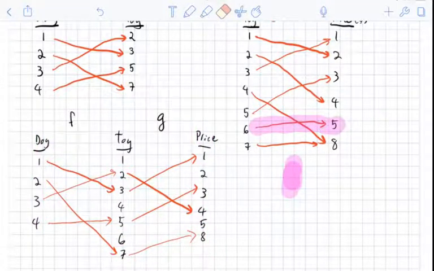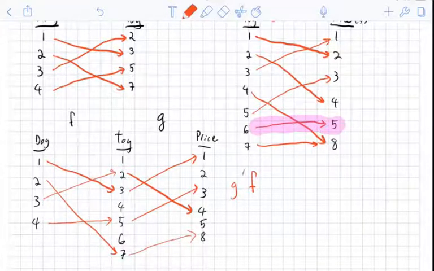Okay, so does that make sense? So I can use this diagram to illustrate my composite function relationships as a function. So I can call this overall thing g of f of dog is equal to price. Okay? I think we did that before.